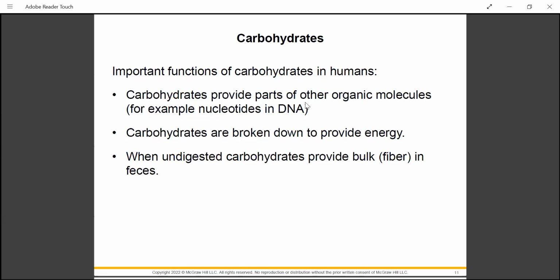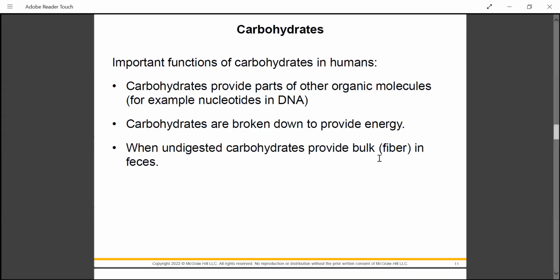But the big one that you should always think of immediately is that carbs are what we can break down to provide energy. And if we don't digest carbs, they end up providing bulk, or they become our fiber in our feces. That's how we eliminate excess or undigested carbs, with fiber in our feces.